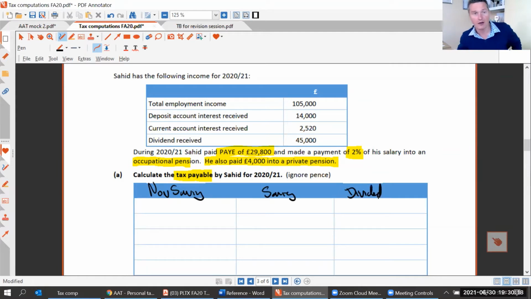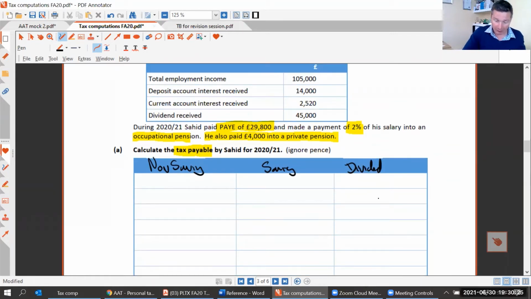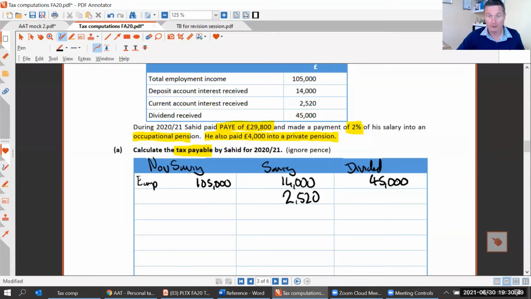Now, income-wise, there's nothing here to really throw us out. It is the tax comp that is a bit of a killer. So we've got employment on there, £105,000. Then we've got interest: deposit account, doesn't matter, as long as it's not an ISA, it is taxable. And then current account, £2,520. And then we've got dividends of £45,000.